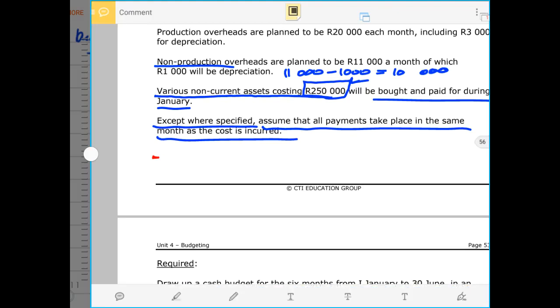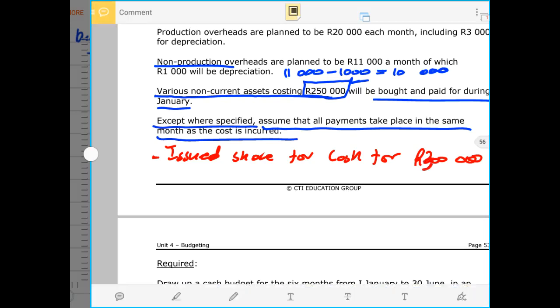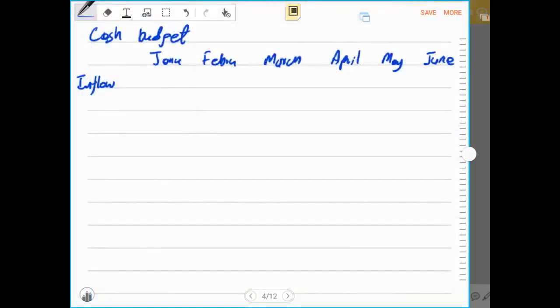Please take this into account, although it is not there, guys. I know they just recorded that in the solution by mistake. They should have made an entry that says the issued shares amounted to 300,000 rands. I just want to make a shortcut of that so that we record everything as it appears in your solution.